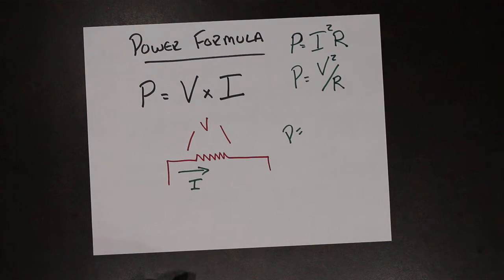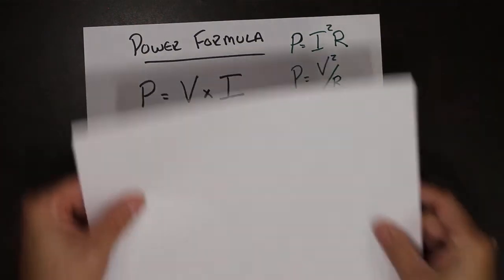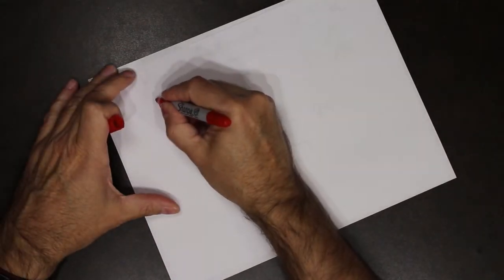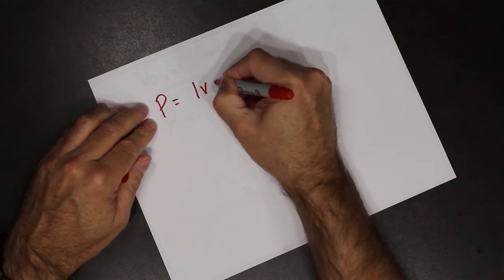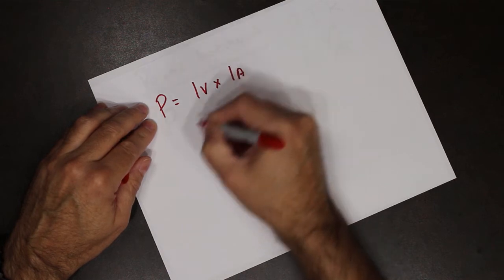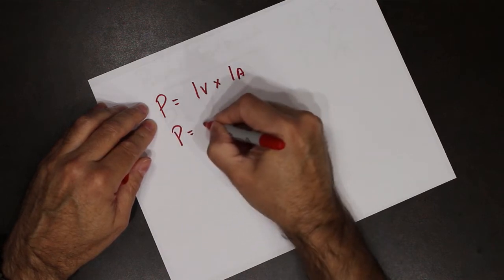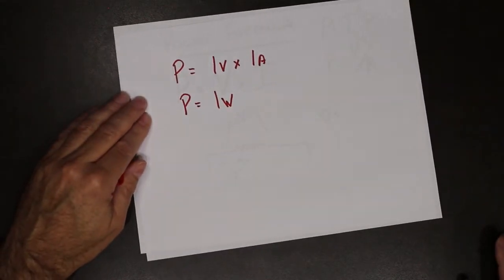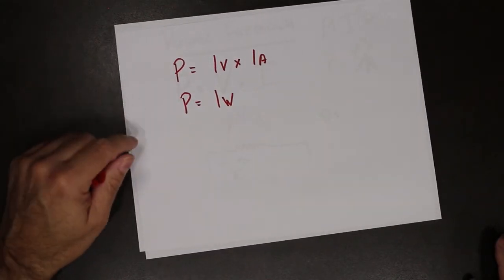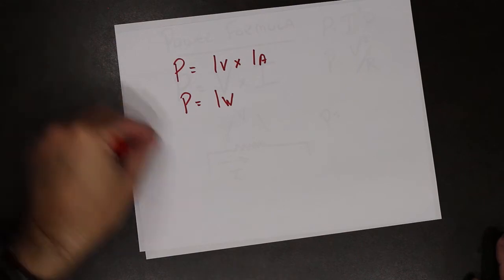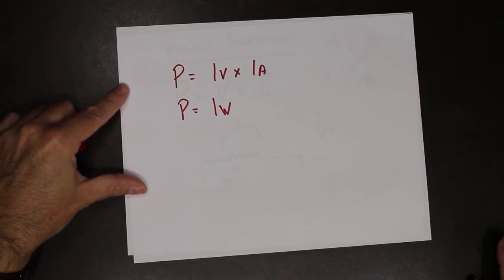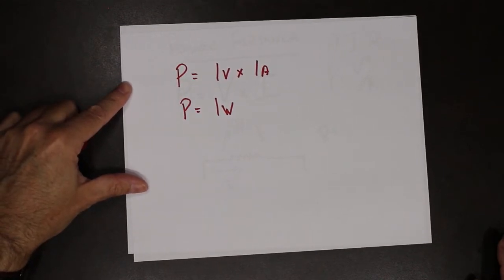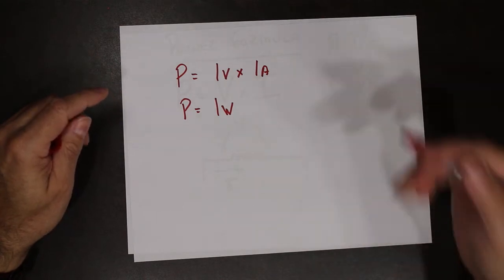So, how do we know? Let's say I did a calculation and I had 1 volt and 1 amp of current. It's going to give me power is equal to 1 watt. So that means that the resistor will dissipate 1 watt of energy. Normally what we do is we build in a safety factor.